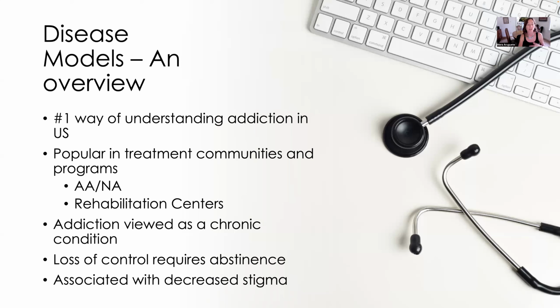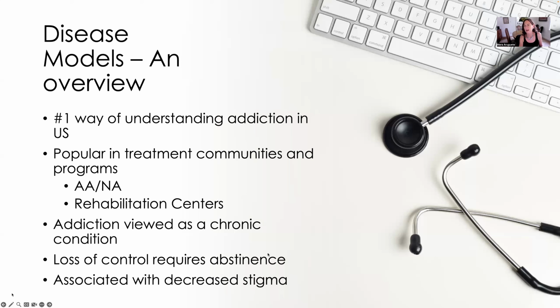This concept of loss of control is also really huge with the disease model, and that's the idea that if you use any of the substance, even just a tiny little bit, you're going to go full blown and have no control over further use.